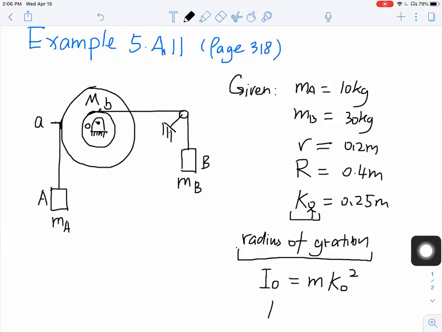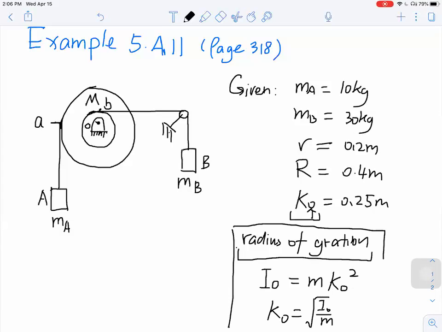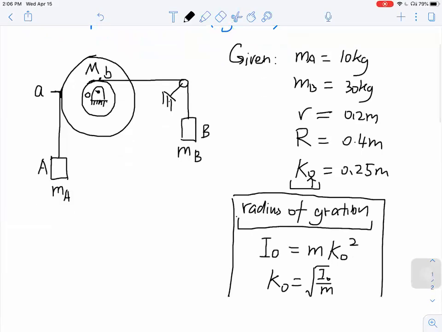We can also move M to the other side to get an expression for KO: KO equals the square root of IO over M. That is something new, and it's also in your homework. So in this class, whenever you see KO or KG, no matter what letter, just think that it tells you the moment of inertia about that same point.